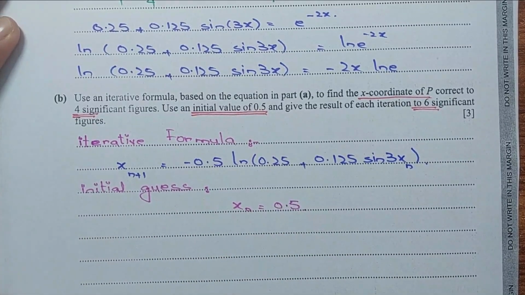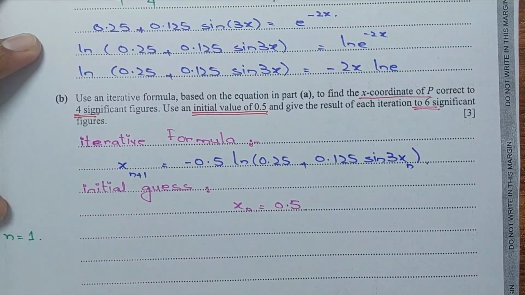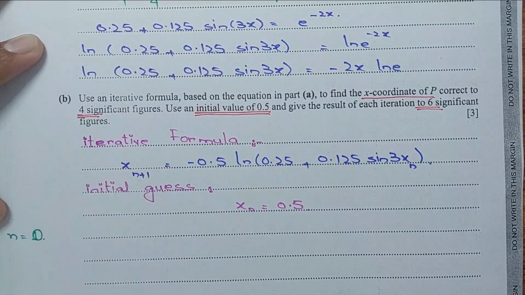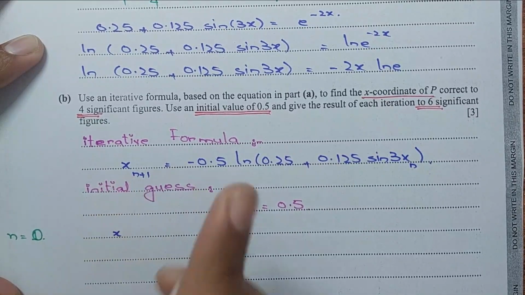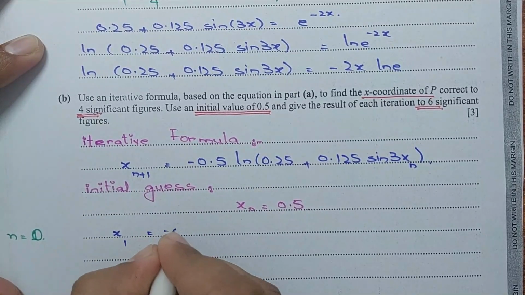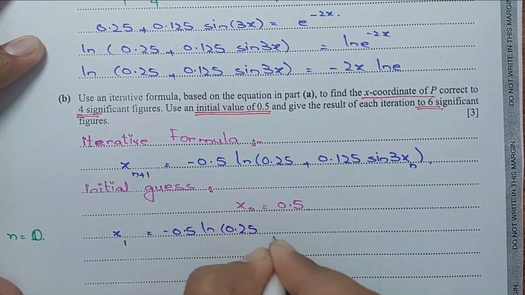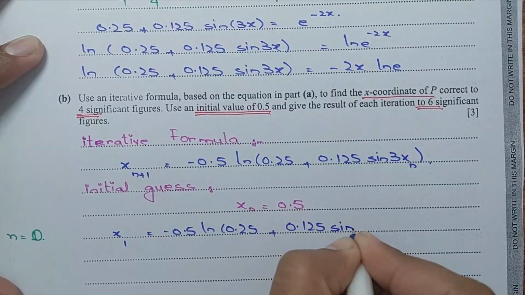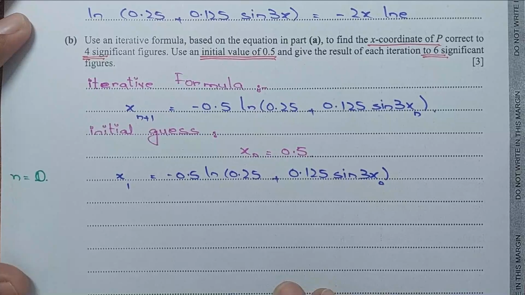Now we have to figure out the values. When n equals 0, x 0 plus 1 is x1, which is minus 0.5 natural log of 0.25 plus 0.125 sine 3 x naught, where x naught is 0.5.